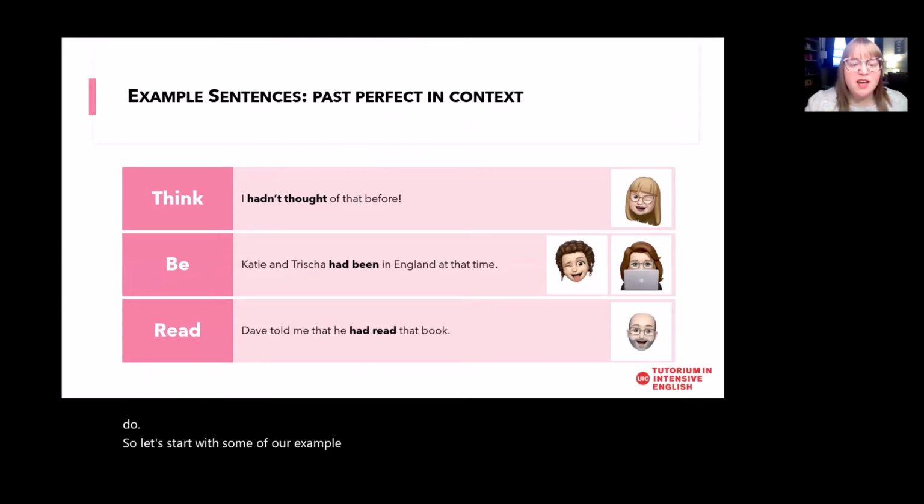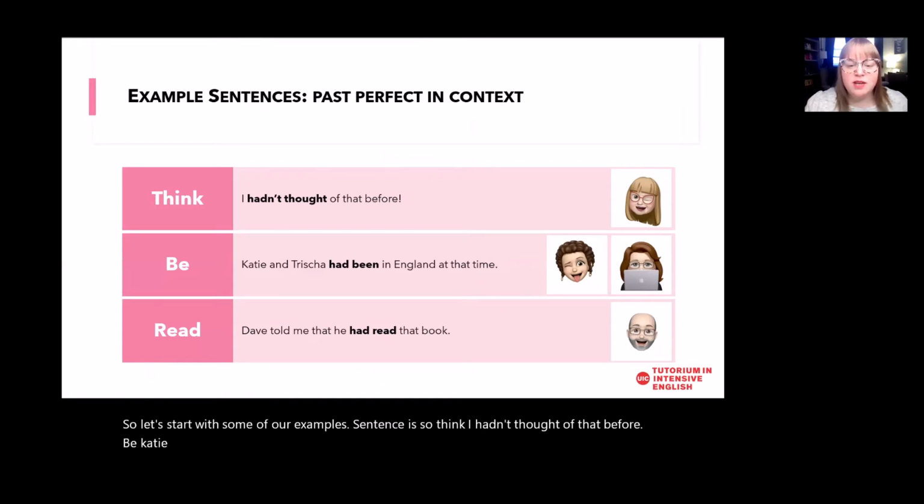A, think: I hadn't thought of that before. B, be: Katie and Trisha had been in England at that time. C, read: Dave told me that he had read that book.